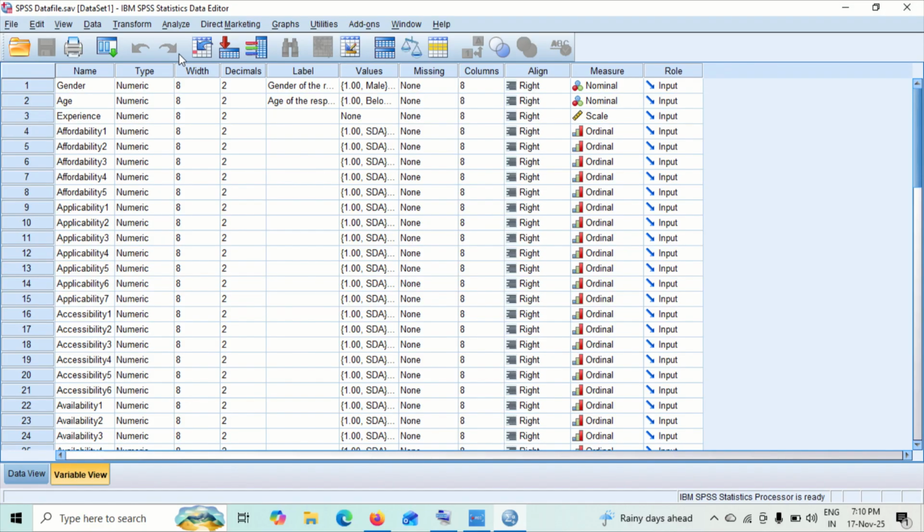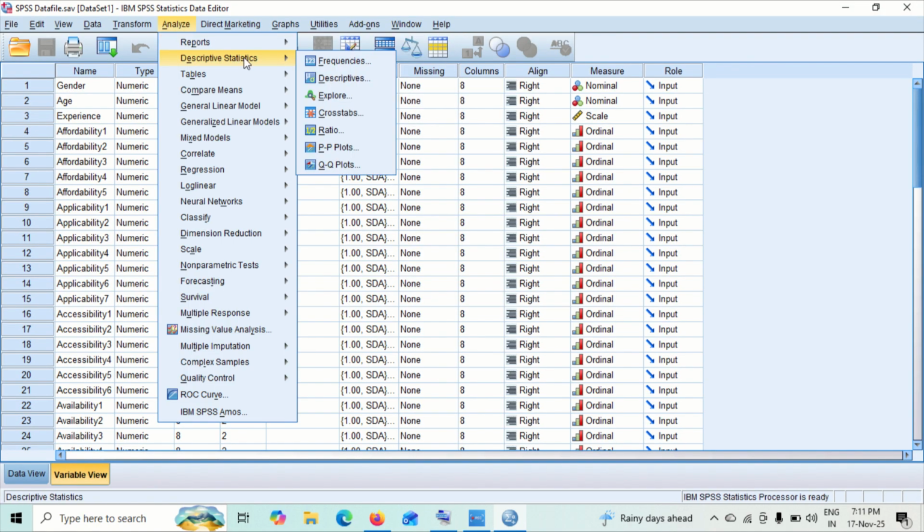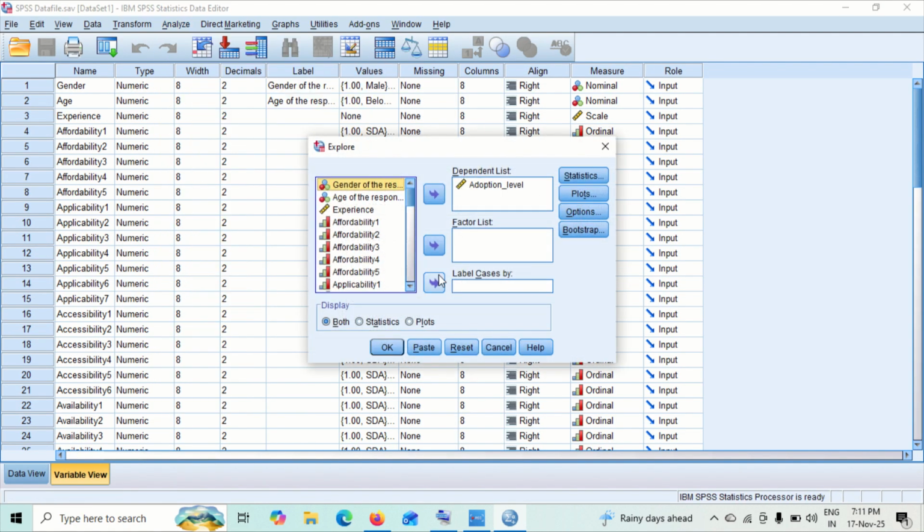First of all, click on Analyze, then Descriptive Statistics, here Explore. Then from the left side, we have to click on the adoption level and move it to the dependent list.